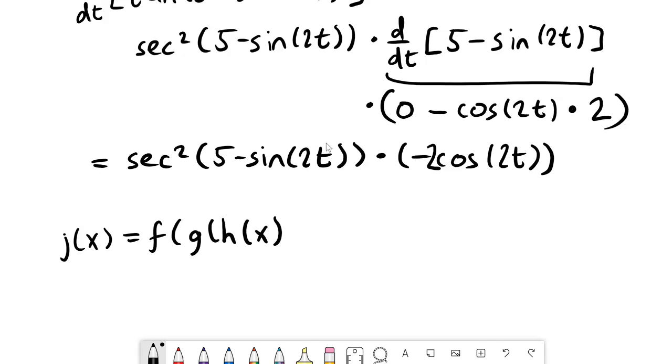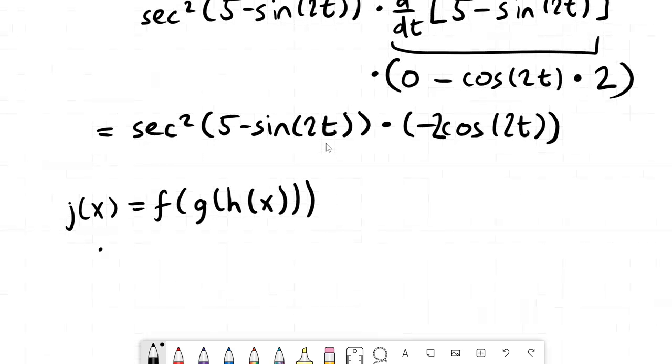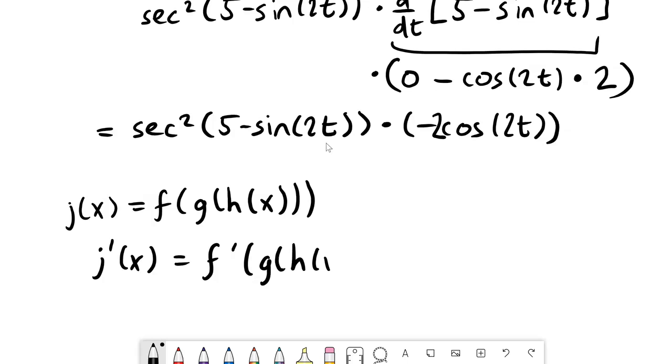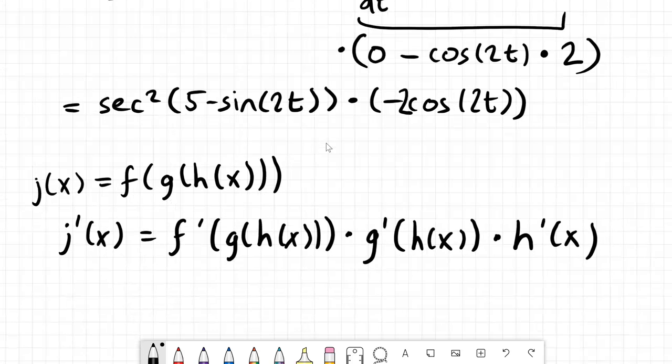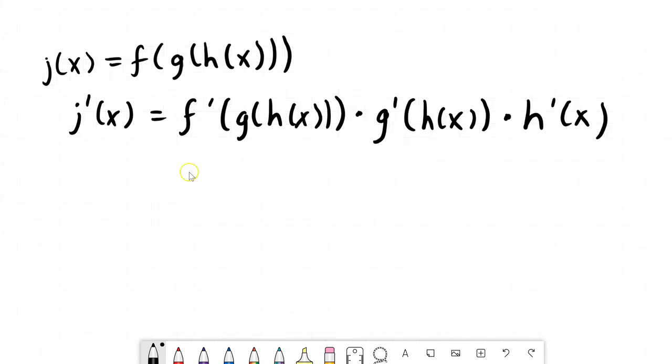So it's like a triple. So that means J prime of x is equal to f prime of g. You keep the inside the same, remember, and then you chain on the derivative of the inside at the end. You can continue this pattern on if you have more than one, but that's the general idea of chain rule.